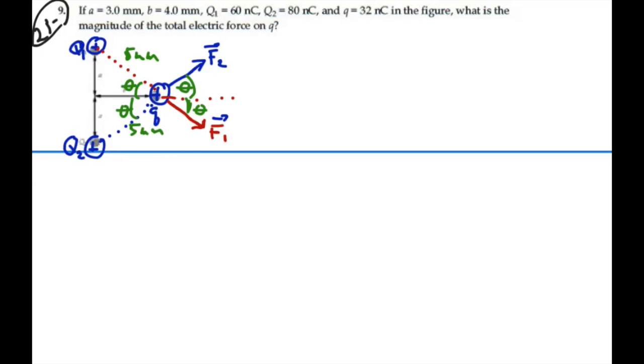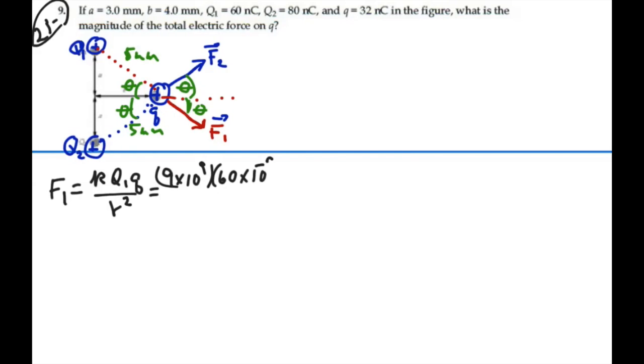Okay, so our force 1 is going to be equal to K Q1 little q over the distance between them squared. That's going to be 9 times 10 to the 9 times Q1, which is 60 nanocoulombs, times little q, which is 32 nanocoulombs, all over the distance between them, which is 5 millimeters, squared.